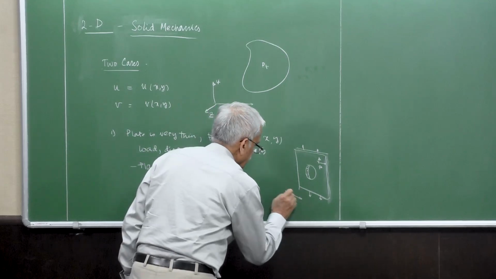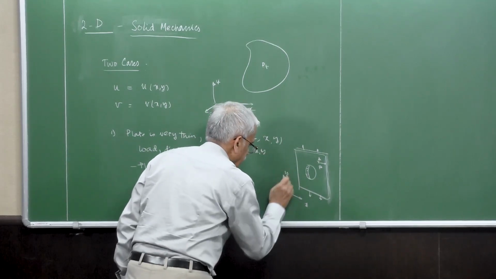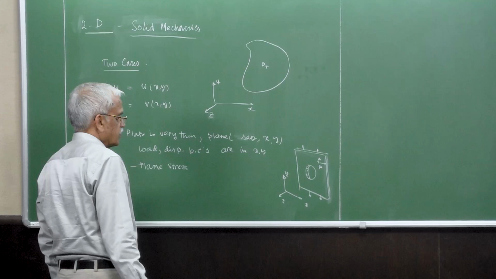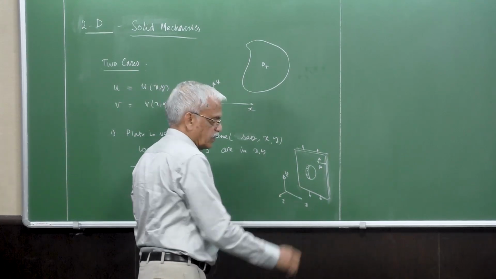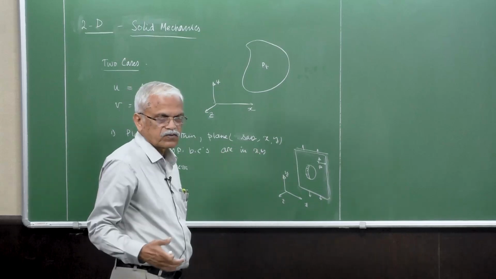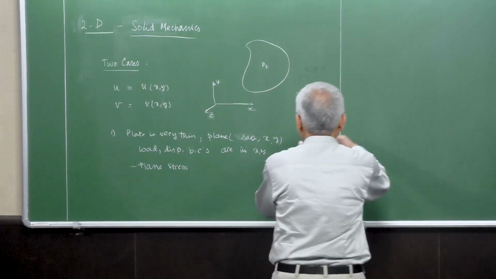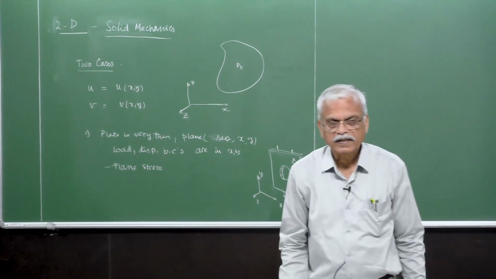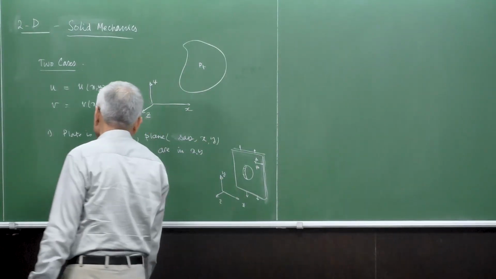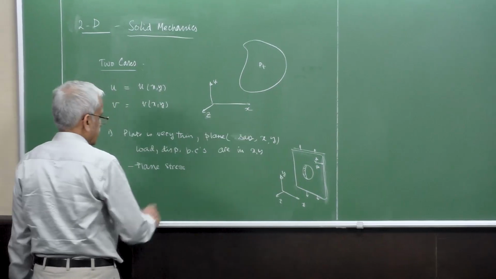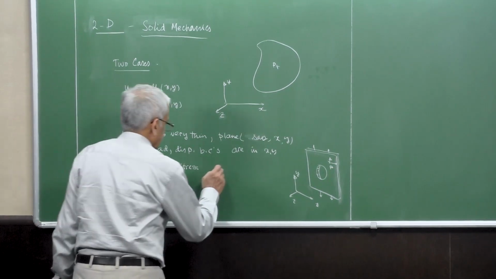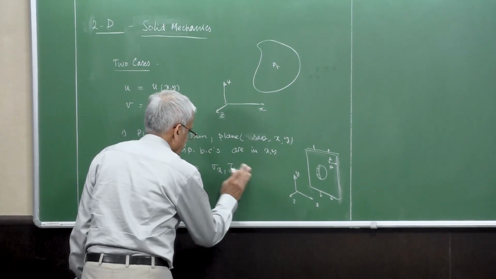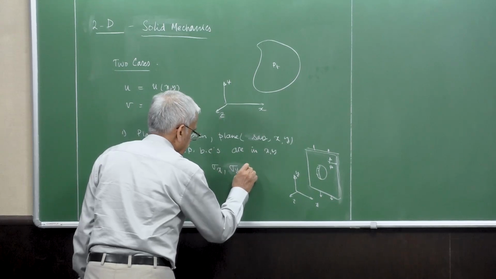Taking the plane of the plate as xy, and z normal to that, the stresses in the z direction are 0. That means essentially we have no forces being applied in the z direction, perpendicular to the plate. There's no force in the z direction, and no boundary conditions either. So the stresses are only in the plane, in the sense that we have sigma x, sigma y, tau x y.